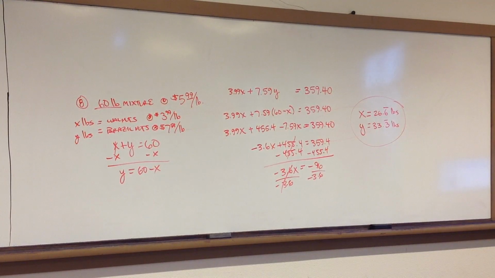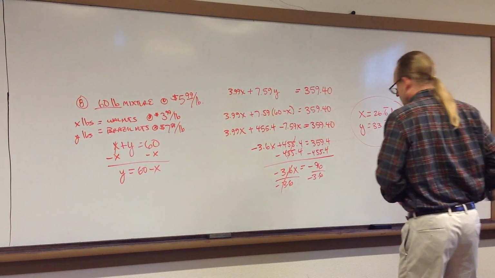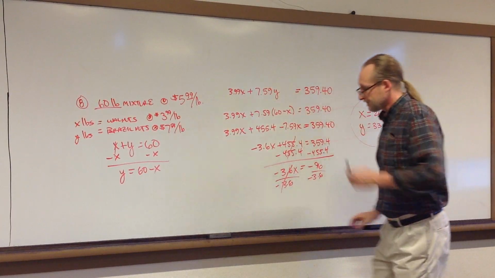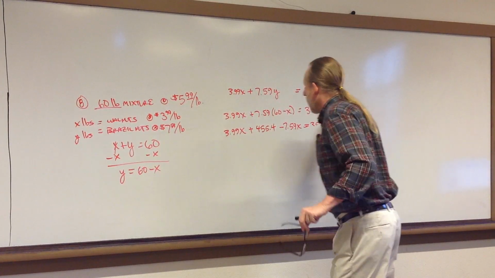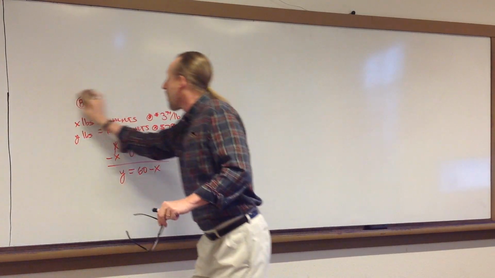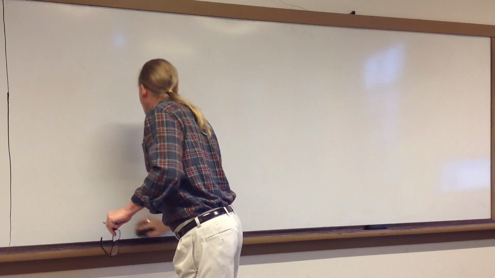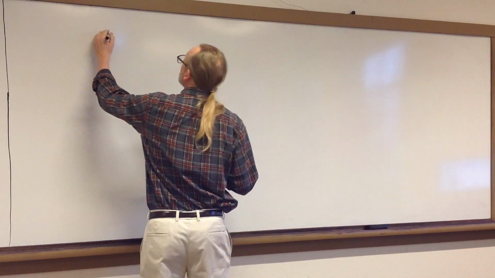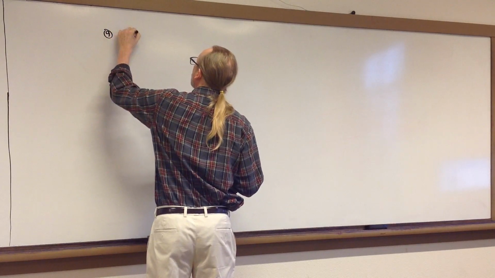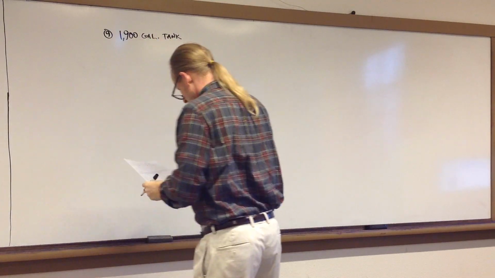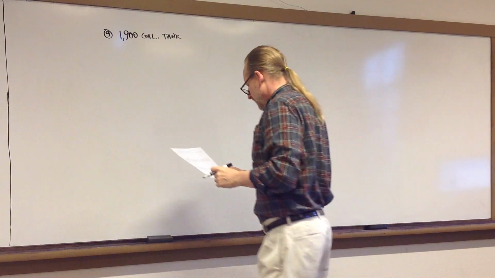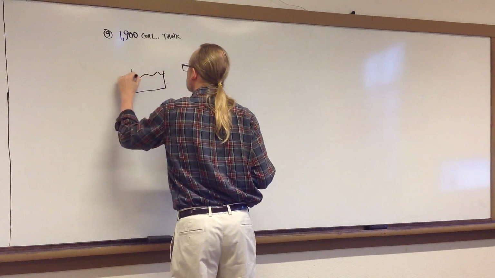The second one is that word problem that's about filling a tank. So let me make some space here. Okay, so in problem 9, we want to fill a 1,900-gallon tank. And we've got two different spigots, one that produces 15 gallons per hour.